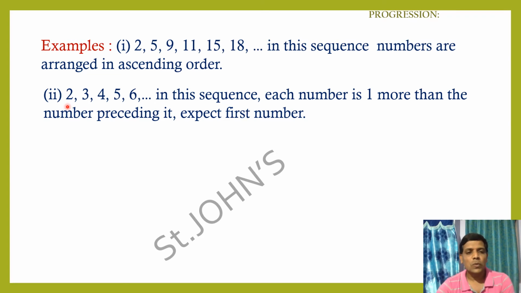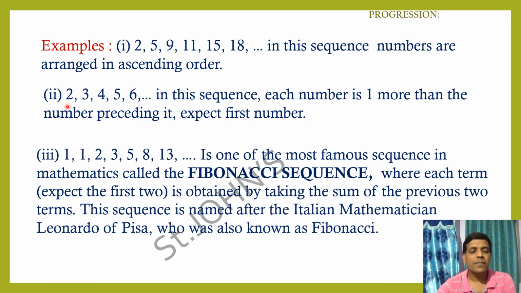Coming to example 3. Given a sequence, this is the famous sequence: 1, 1, 2, 3, 5, 8, 13. What do you observe? Except the first term, the remaining are 1, 2, 3, 5, 8, 13.